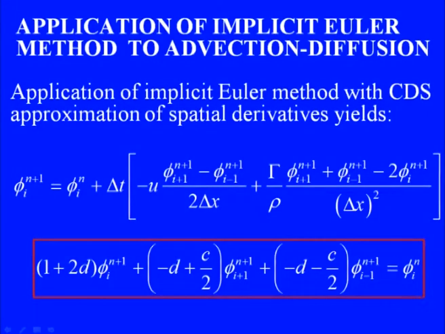In the same way, we could have also applied our Crank-Nicolson method and we would have obtained an algorithm which looks fairly similar to this. Next, if you apply implicit method with the CDS for advection-diffusion problem, here we have used the CDS for this convective term as well as diffusive term.